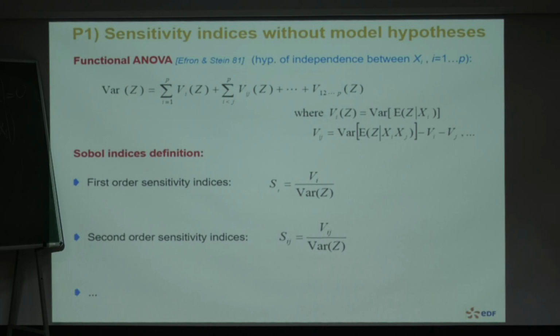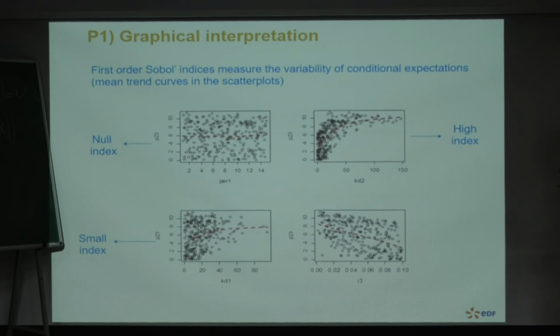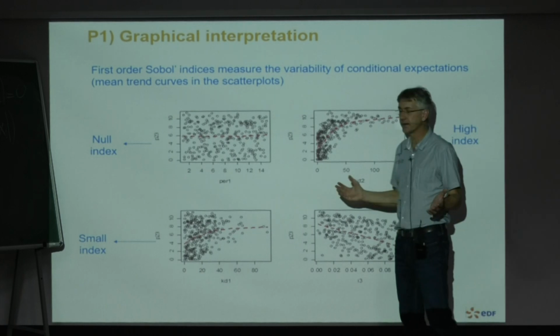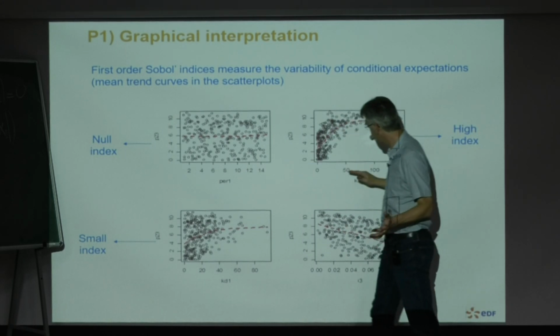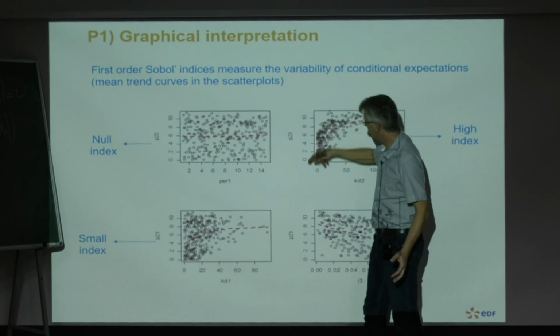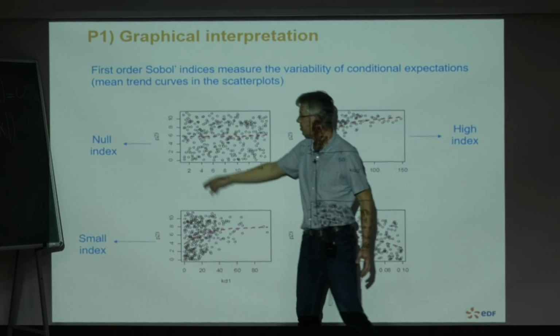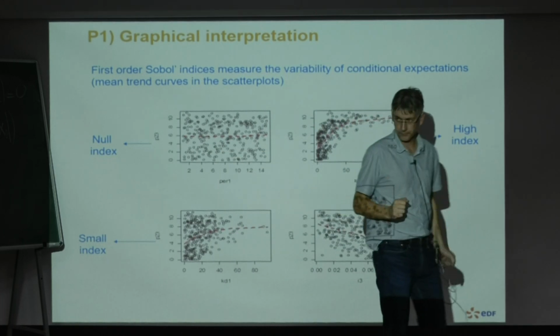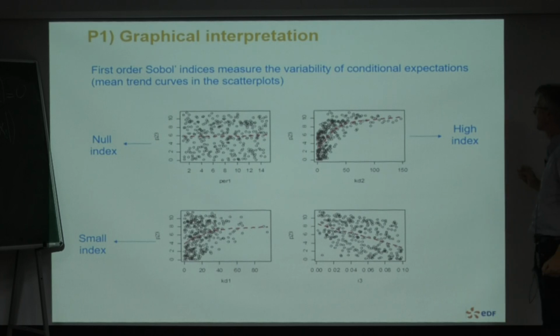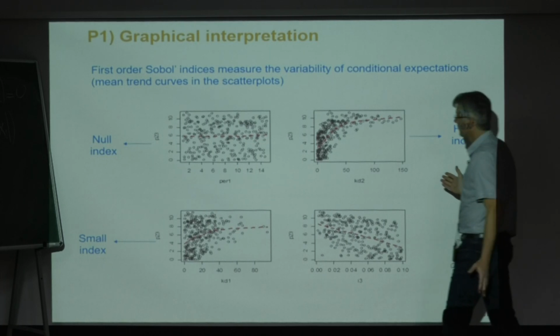If we want to interpret these things rather visually, I can show you this curve. I just take my scatter plot, so I have four different inputs, and each time the same output, and I show you the clouds of points.